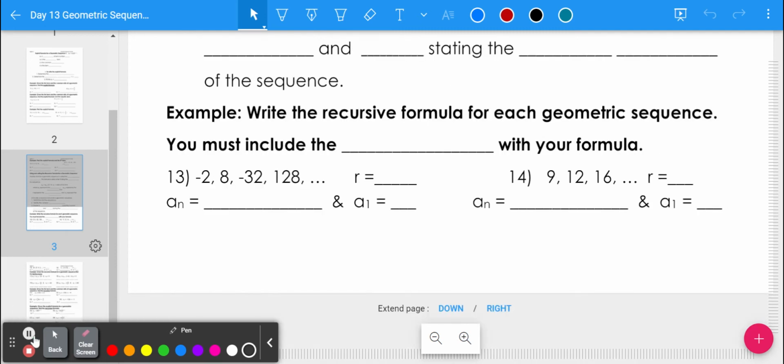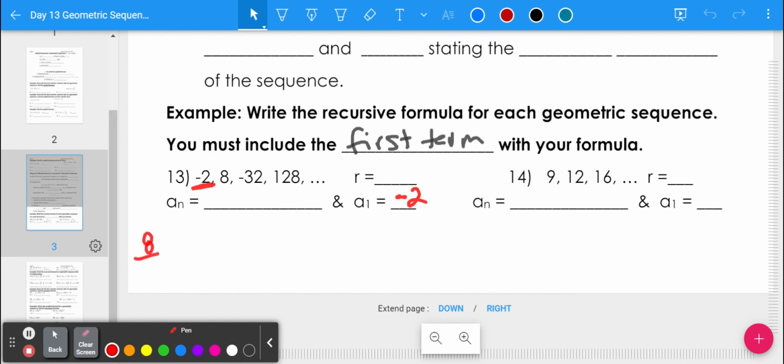So let's practice. Okay, so when we write the recursive formula, we must include the first term. This is what people forget the most. And again, I like to start with the first term because it's the easiest thing to identify. What is my first term in this sequence? -2. Don't forget. Then you ask yourself, what do I do to -2 to get to 8?